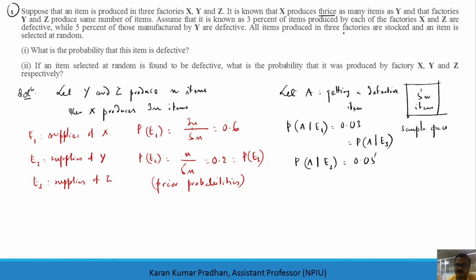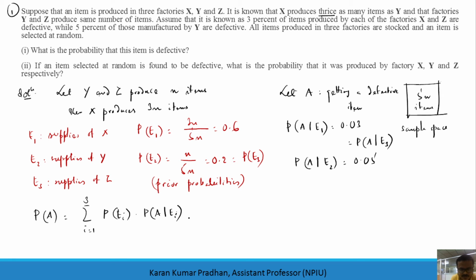So now if all the items produced in the 3 factories are stocked, then an item is selected at random. Here we have to find the probability: what is the probability that this item is defective? Now we have to make use of that joint probability that I have told you in the previous question, right? So the probability of A will be, I will directly write in the summation form, the sum of probability of Ei multiplied by probability of A given Ei, with i running from 1 to 3 because you have the stocks of 3 companies.